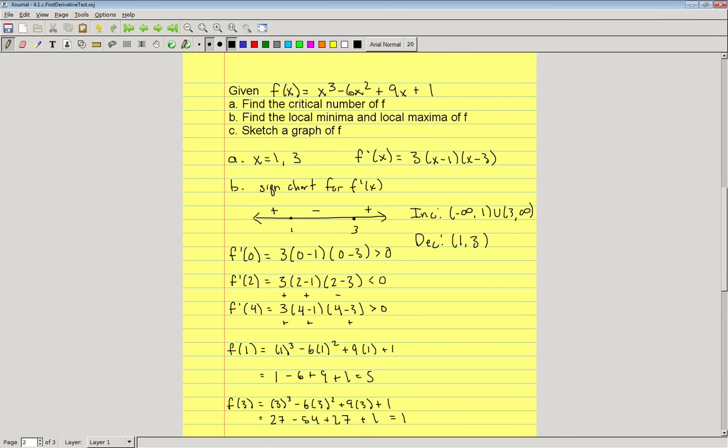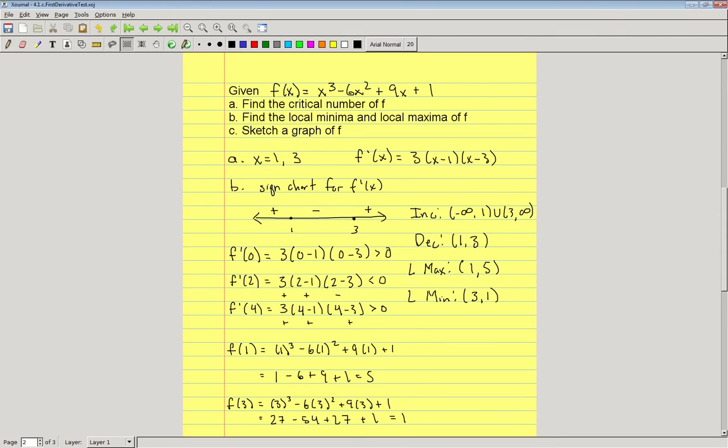So we have a local maximum at the point 1, 5, and a local minimum at the point 3, 1.